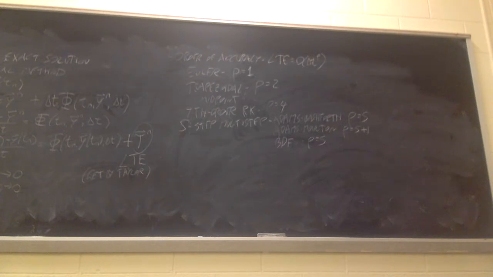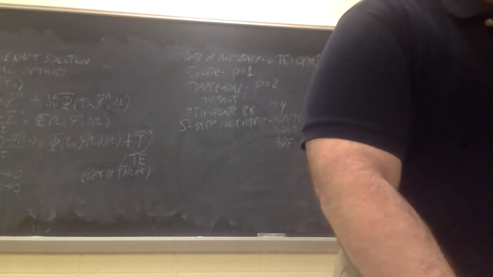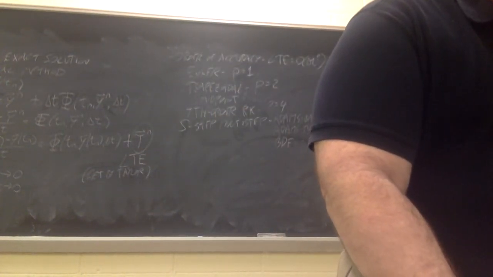Now, at least in the case of Euler, I want to give a concrete expression for the local truncation error.